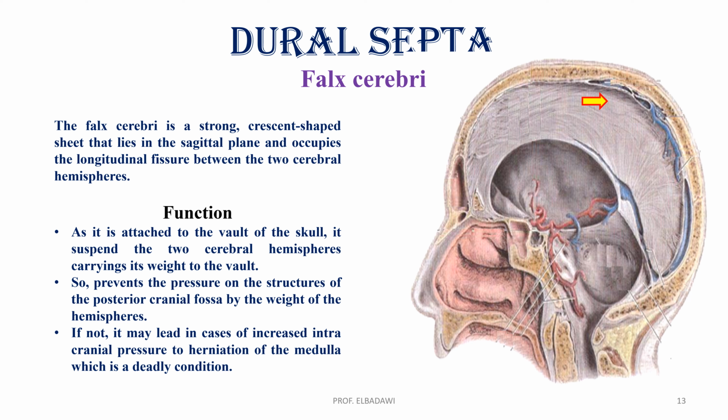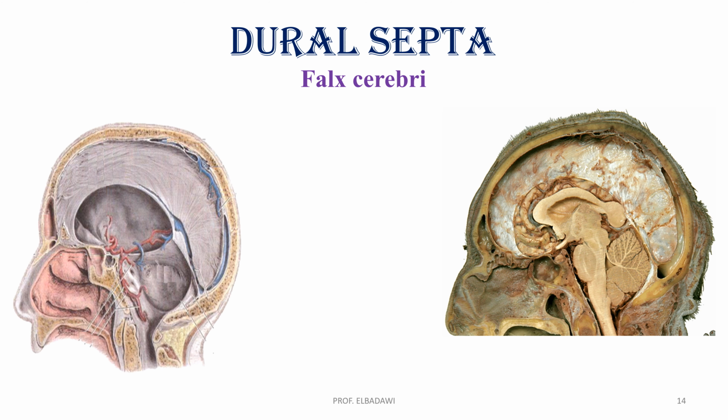It carries the whole thing up, being attached to the upper surface of the tentorium cerebelli, carrying that tentorium with the weight of the hemispheres to the vault of the skull. Now, it has an apex, as we said, fixed to the crista galli of the ethmoid.